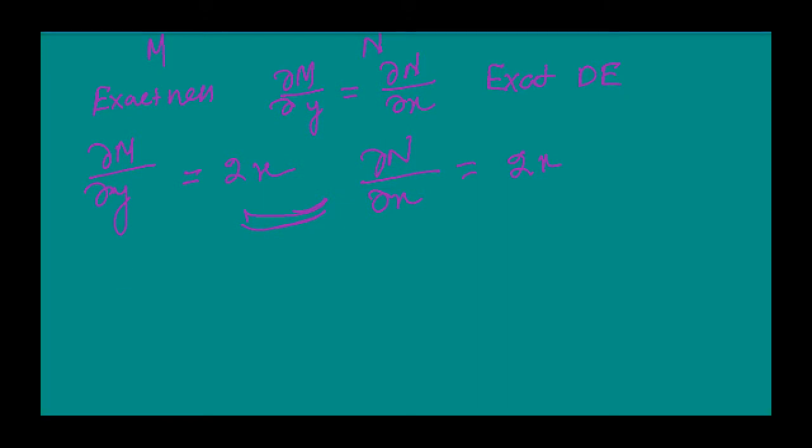The solution can be directly written as integration of M of x, y, M is a function of x and y, dx, plus integration of the terms of N of x, y not containing x, dy, is equal to c.